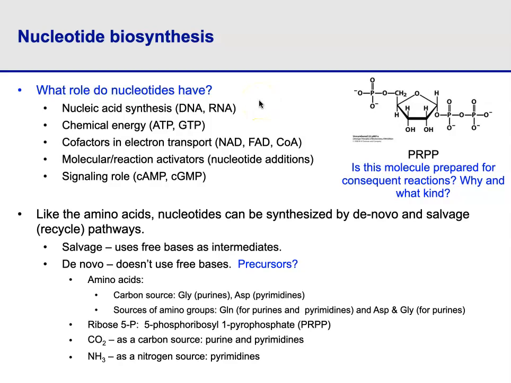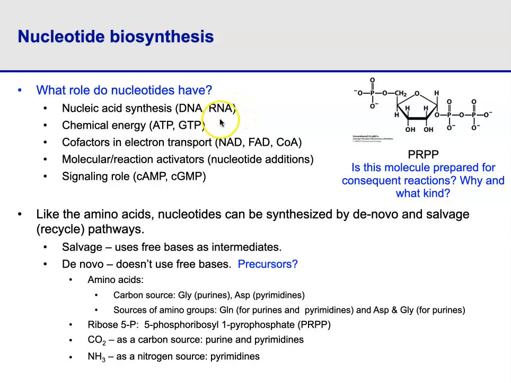Okay, so I will begin with nucleotide biosynthesis, and of course, before we start talking about how we make nucleotides, it is good to revisit what the role of the nucleotides is. Usually we connect nucleotides as building blocks of nucleic acids such as DNA and RNA.